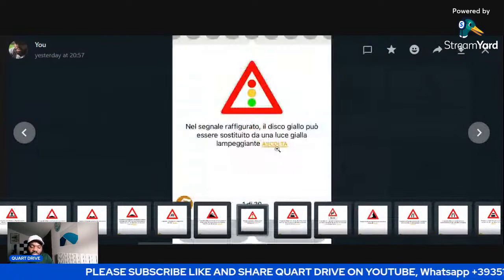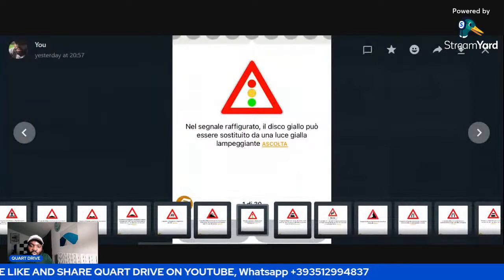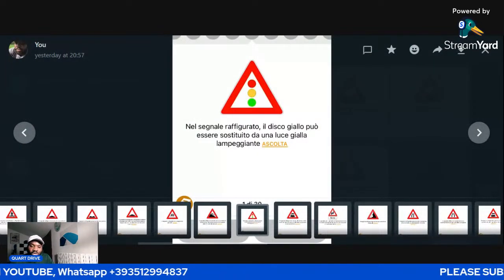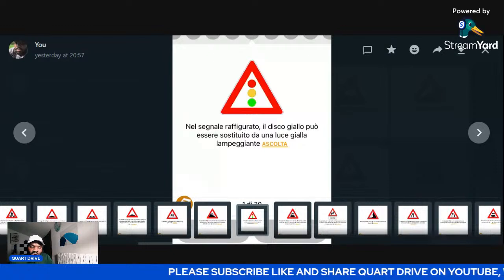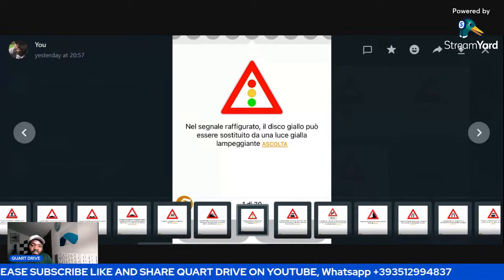Nel segnale raffigurato, il disco giallo può essere sostituito da una luce gialla lampeggiante. This one is talking about semaphore, and it's saying that they can change the disco giallo.